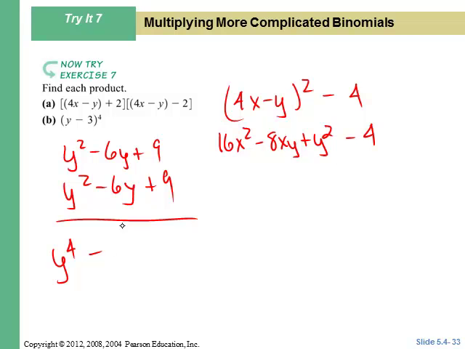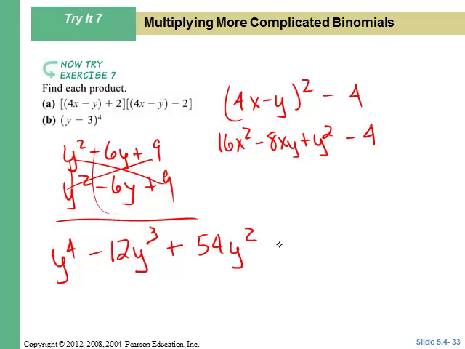Here's minus 6y cubed minus 6 more y cubed is minus 12y cubed. Now we got y squareds here, here, and here. 9 plus 9 plus 36 is plus 54y squared. And then here's minus 54 minus another 54 is minus 108y plus 81.